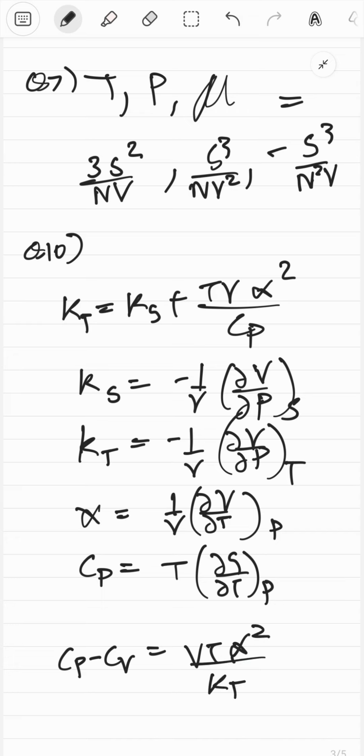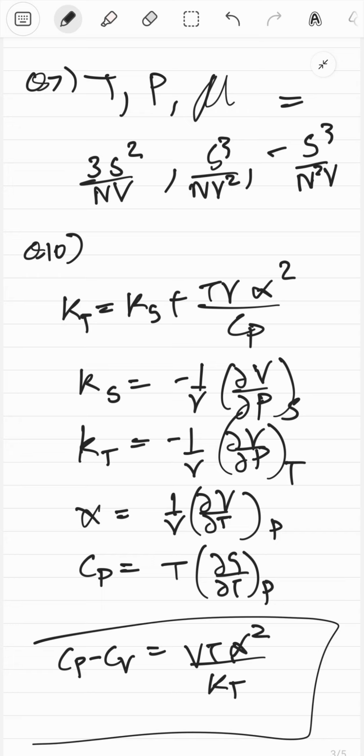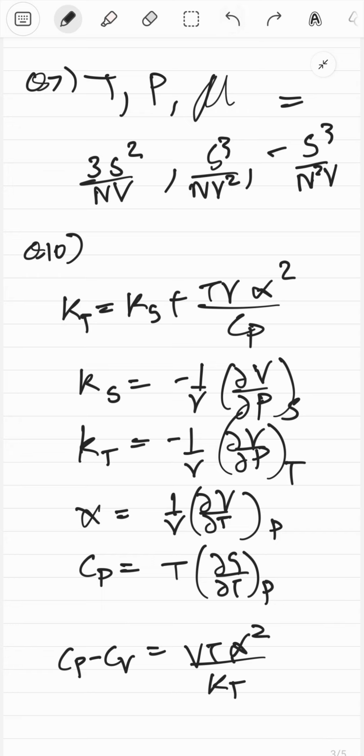Fine, so we have already proved this thing. Wow, there's only a few terms that are interchanged. So essentially you just have C_P is equal to C_V plus this stuff, right? Now if you multiply by K_T and divide by C_P, what you would have is this exact thing.